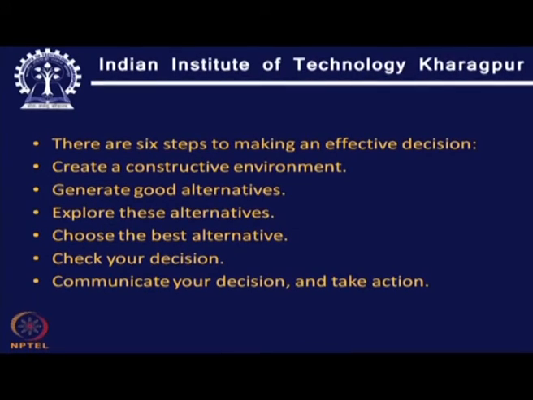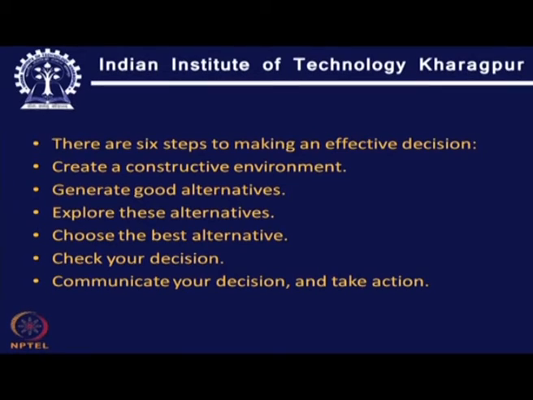There are 6 steps to make an effective decision: create a constructive environment, generate good alternatives, explore these alternatives, choose the best alternative, choose your direction, and communicate your direction and take action. These are the 6 well defined steps of making an effective decision.